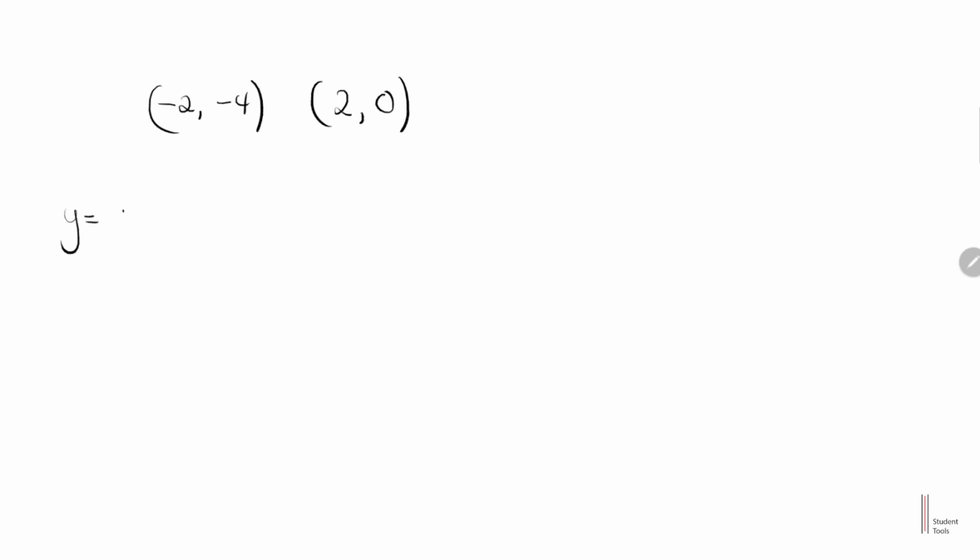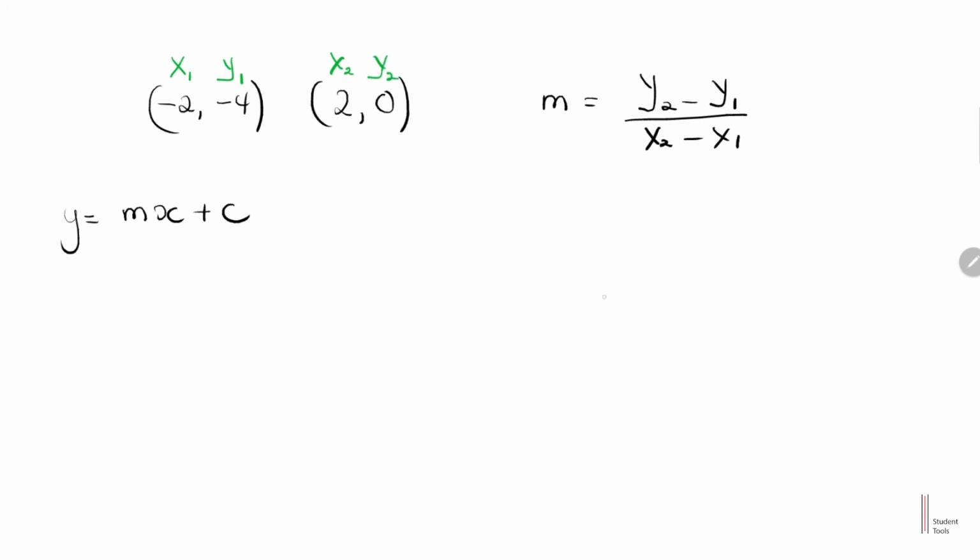Y equal to mx plus c, where m is the gradient. So in order to find the gradient, we know that we also have another formula. So for the gradient, we have formula which is like this one. y2 minus y1 over x2 minus x1. Alright, so we will call this x1, y1, x2, y2.